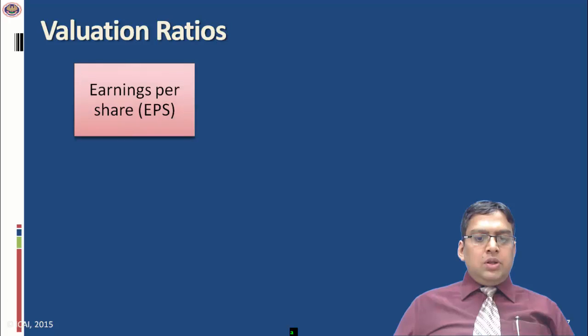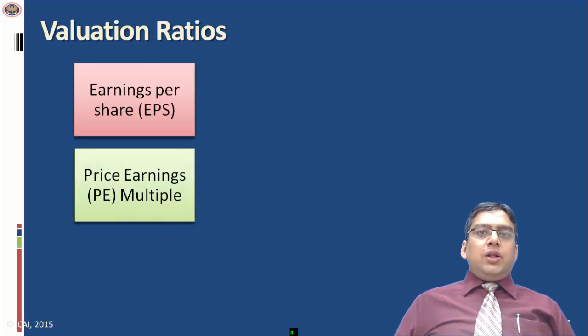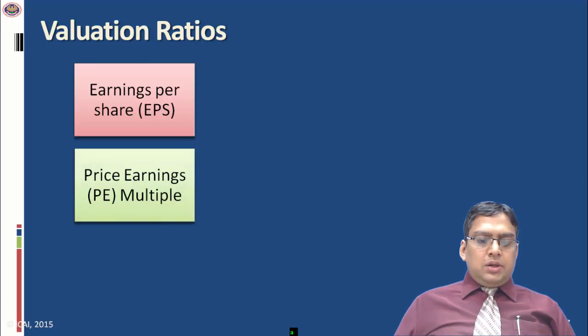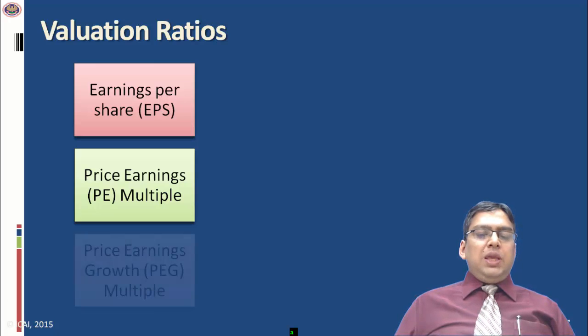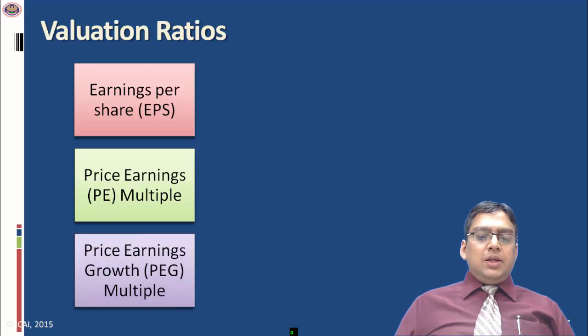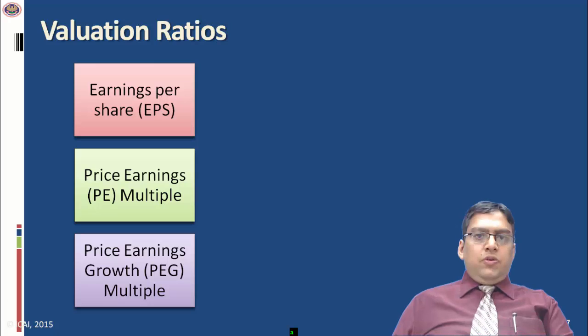Valuation ratio is divided into three parts. First one is earning per share, that means EPS. Second one is price earning, that is PE. And third one is PEG, that means price earning growth multiple.